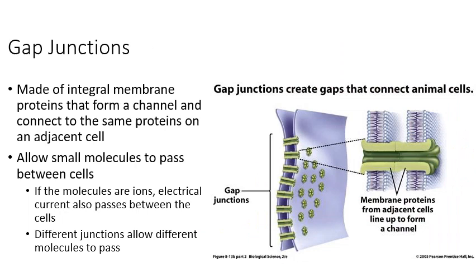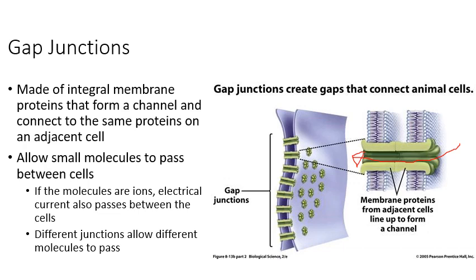And then finally, we've got gap junctions. Gap junctions are also made of integral membrane proteins, so proteins embedded in the cell membrane, but in this case they're arranged to form a pore that stuff can travel through.